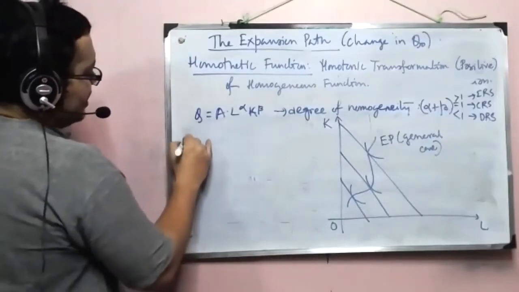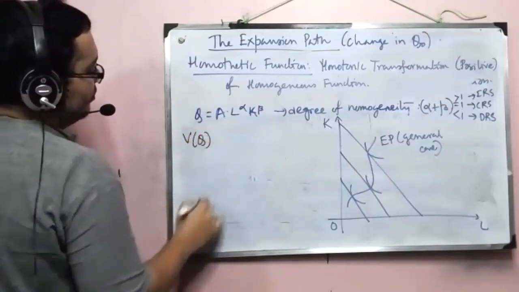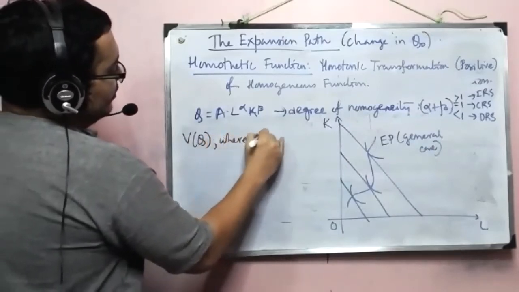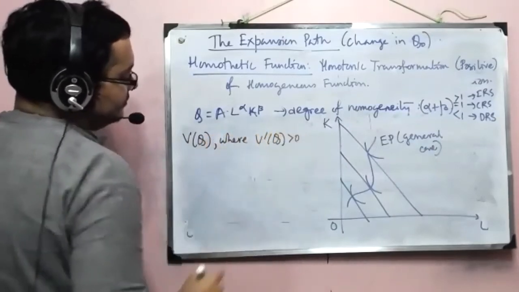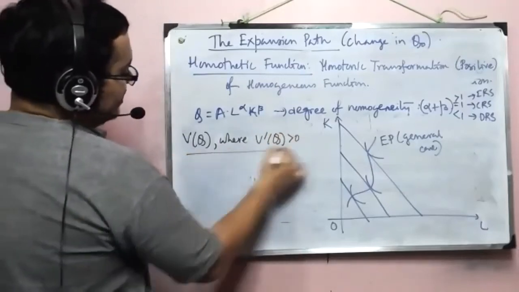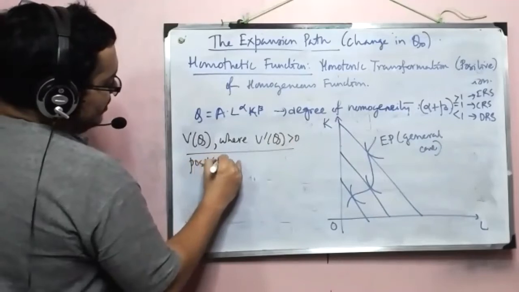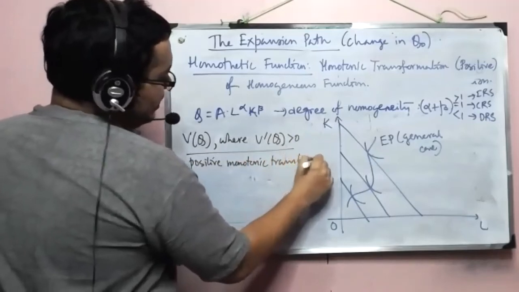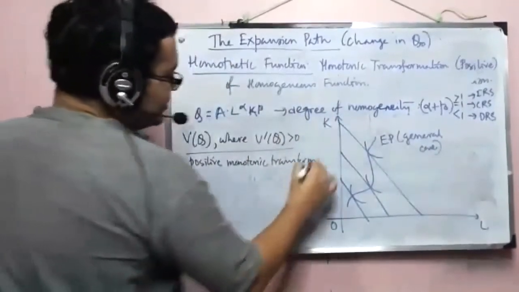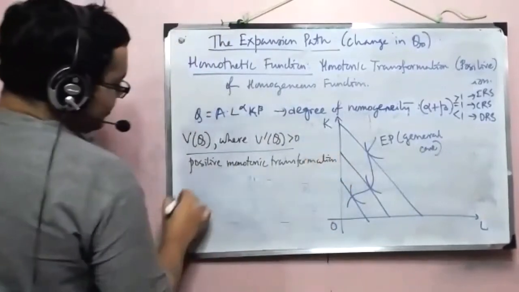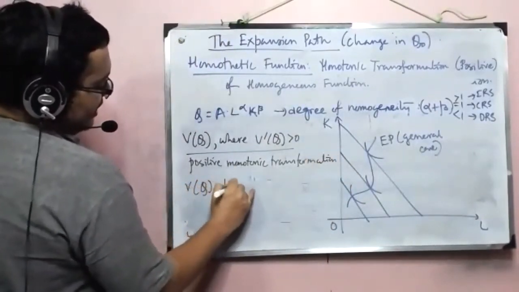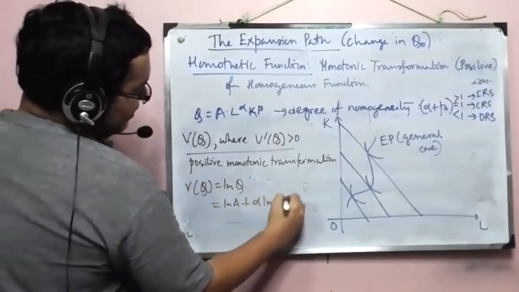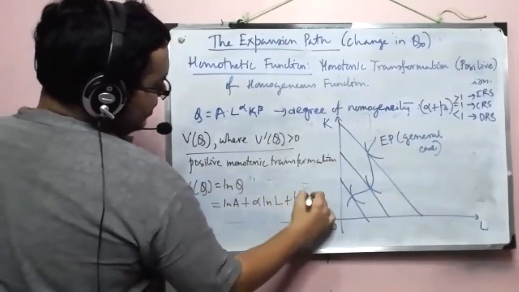Considering some V of Q where V dash Q is positive. The simplest positive monotonic transformation is the log transformation. So let us take V of Q equal to ln Q, which is ln A plus alpha ln L plus beta ln K.